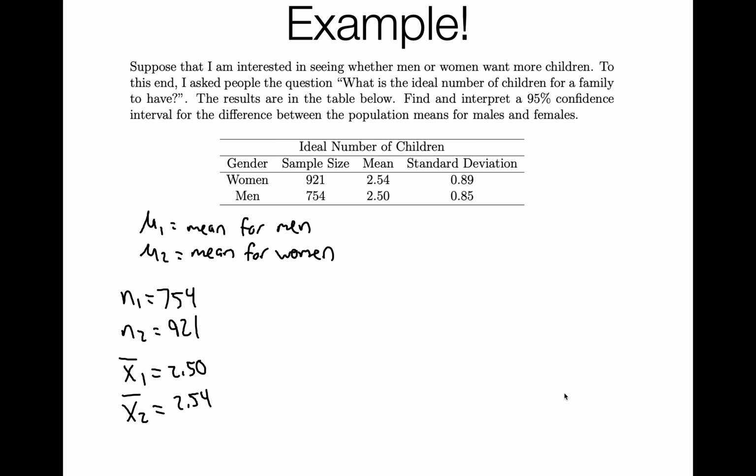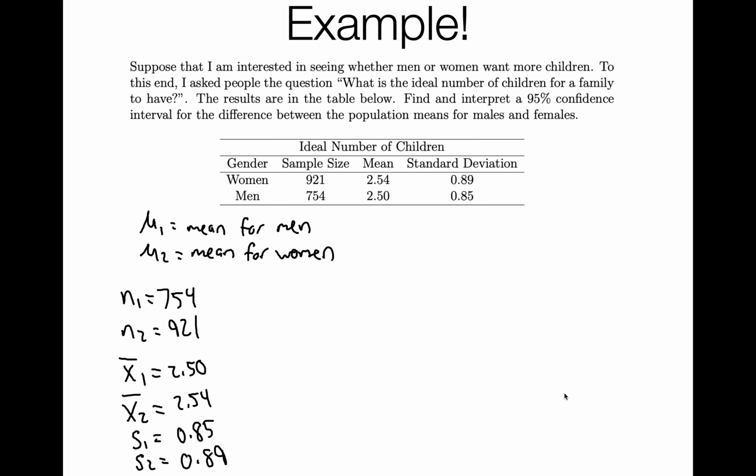And then lastly, the sample standard deviation for men was 0.85, and the sample standard deviation for women was 0.89. So now we have all that information straight between the groups.